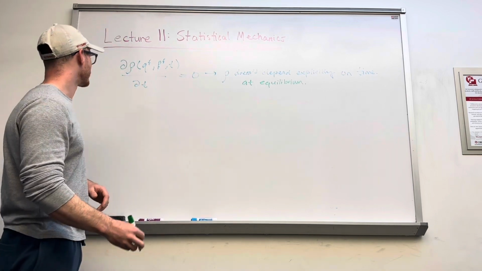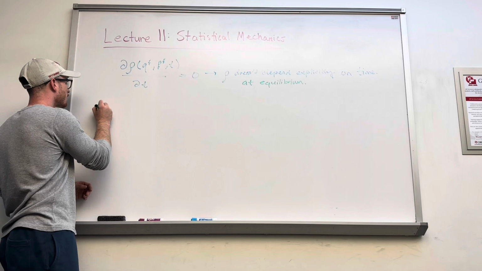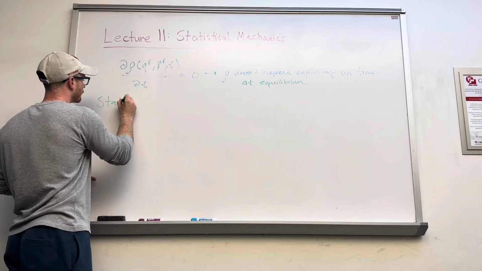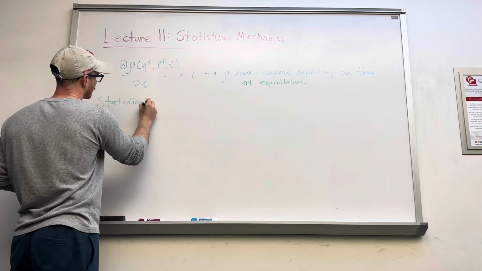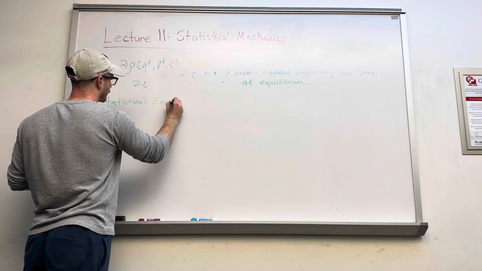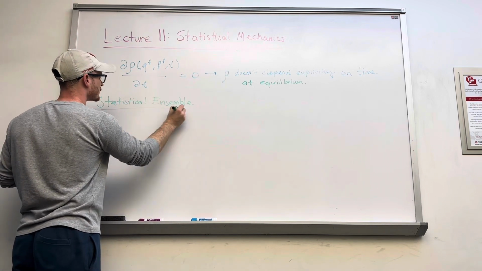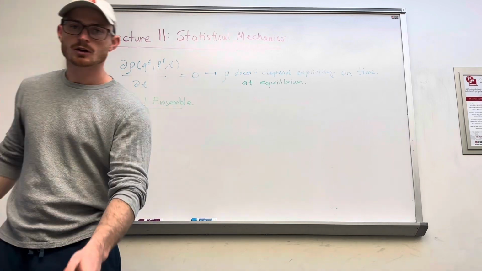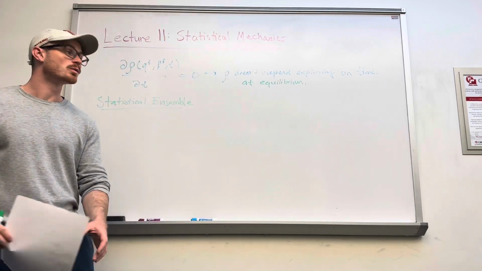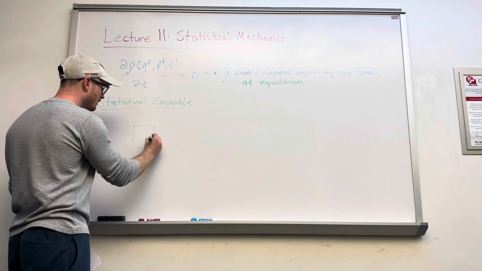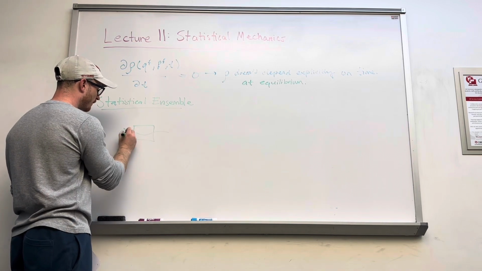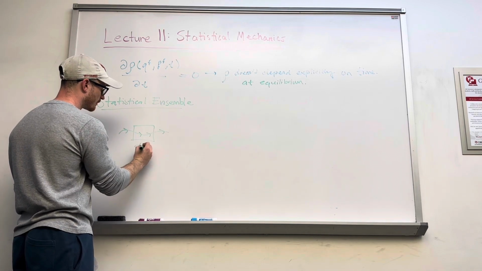Now let's talk about the concept of a statistical ensemble. What do we mean by a statistical ensemble? So recall that rho was constructed by looking at a single system evolving along some phase trajectory.